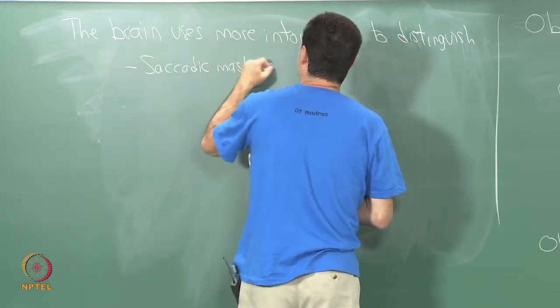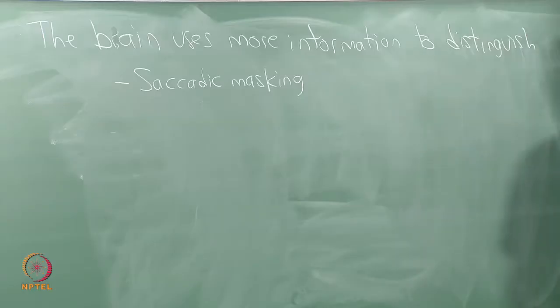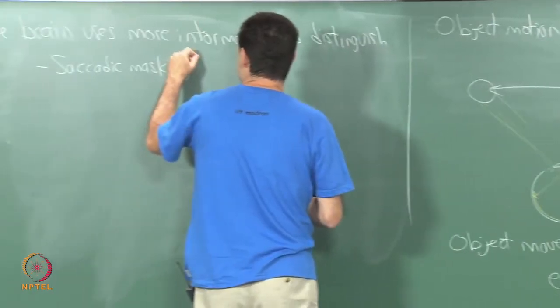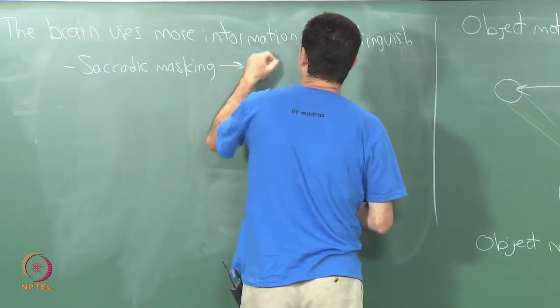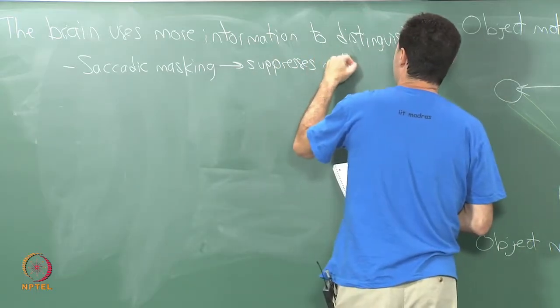We talked last time about saccade motions, there's saccadic masking or suppression, which when this happens, it suppresses the motion detectors.